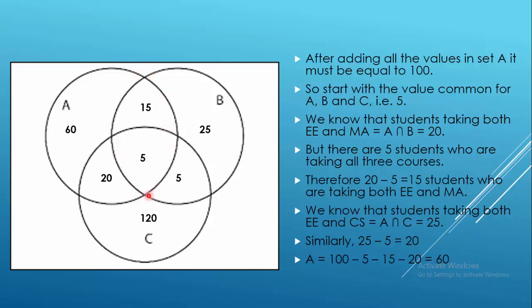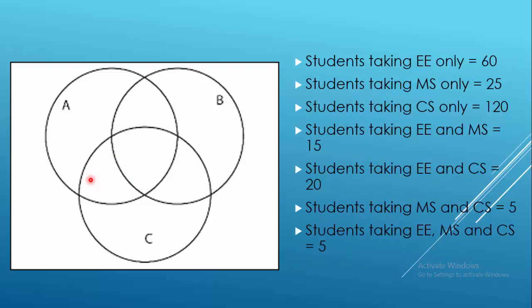This area is A intersection B. This area over here is A intersection C. This area over here is B intersection C. And this area over here is A intersection B intersection C. To find the values of this area only, we need to subtract this area from this one, A intersection B, and then we will get the figure for this area. So this example will help us to understand further.